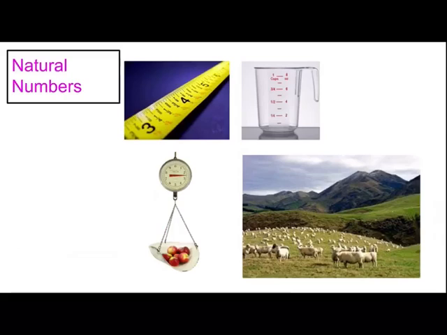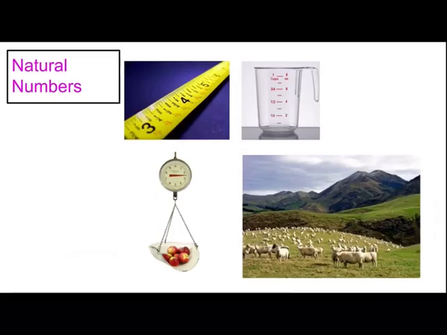Natural numbers. When we are measuring a door or a table, it's always going to be positive numbers. Have you ever heard of a door measuring 5 feet but negative? Negative 5 feet? No, it's got to be positive.